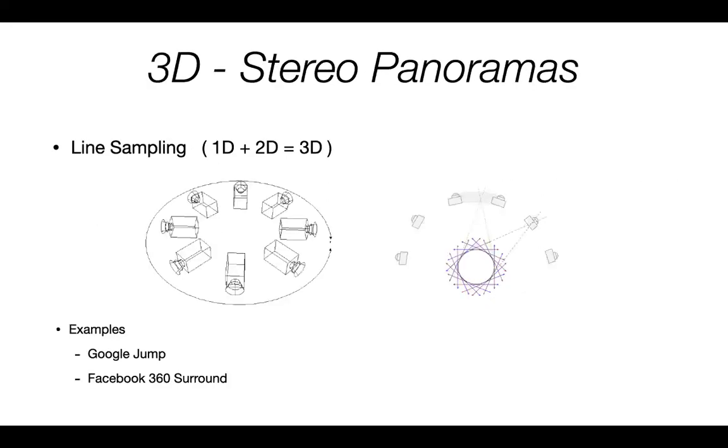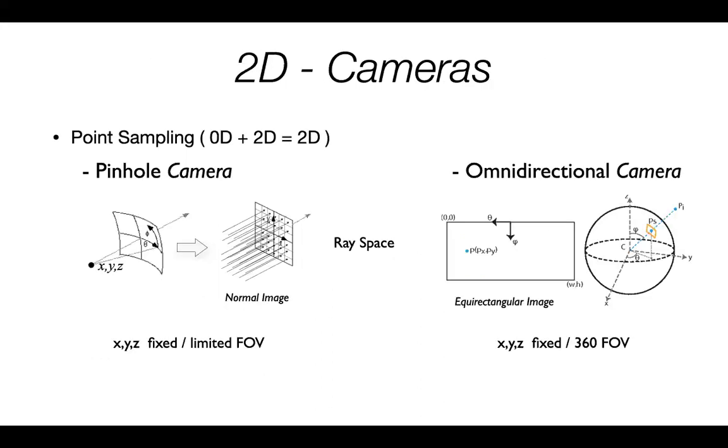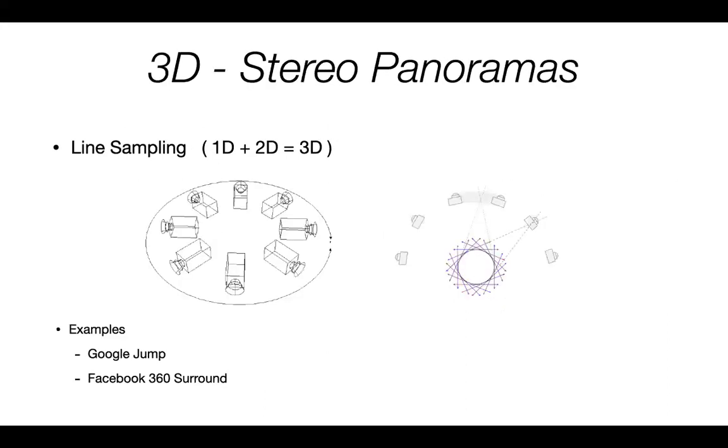But notice that here we don't have depth information, right? Because we just have the rays arriving at a single point. But if you want to have depth information, we need to have disparity. And then you have stereo cameras that have the sense of depth.